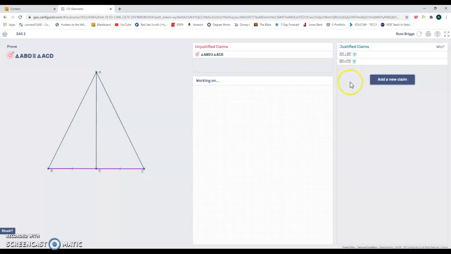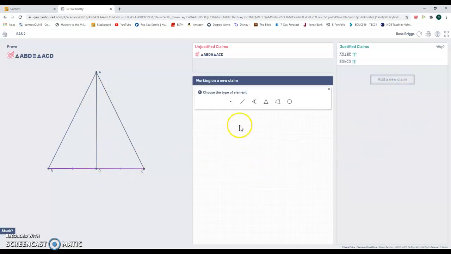Alright, so let's get started with our proof. I notice that these two triangles share a side, so I'm going to claim that segment AD is congruent to itself, and we can use the reflexive property to justify that. So I'm going to work on a new claim, choose the type of element.